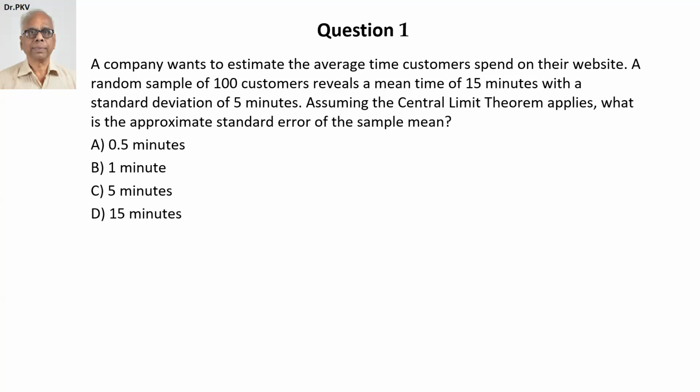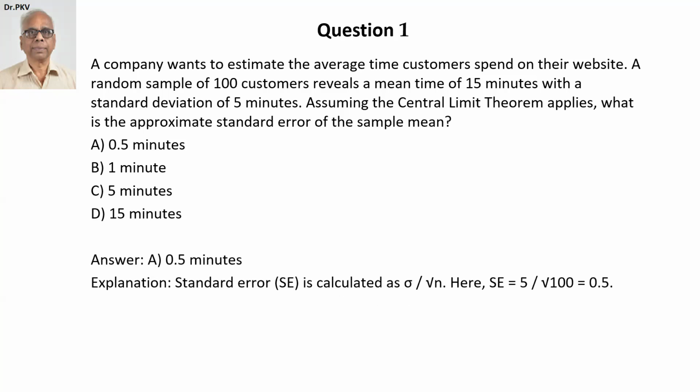The standard error is given by sigma by root n. There are 4 choices for you, A, B, C, D, and you may make a guess. So let me just flash the answer with explanation. 0.5 minutes, so choice A is correct.